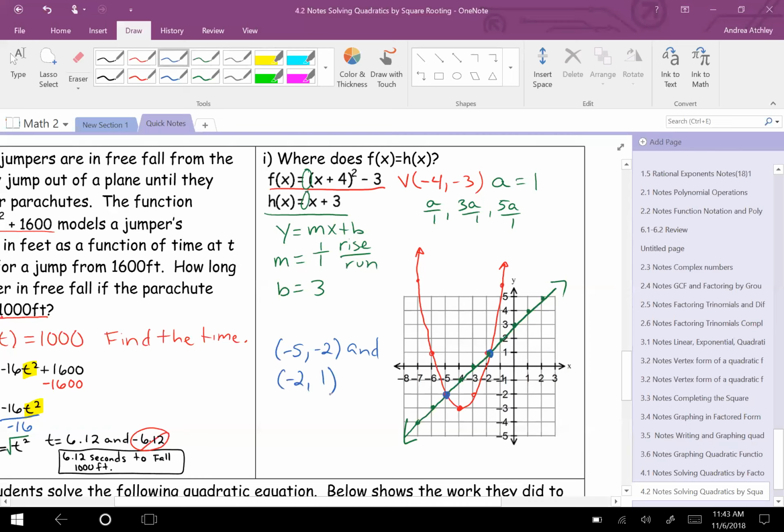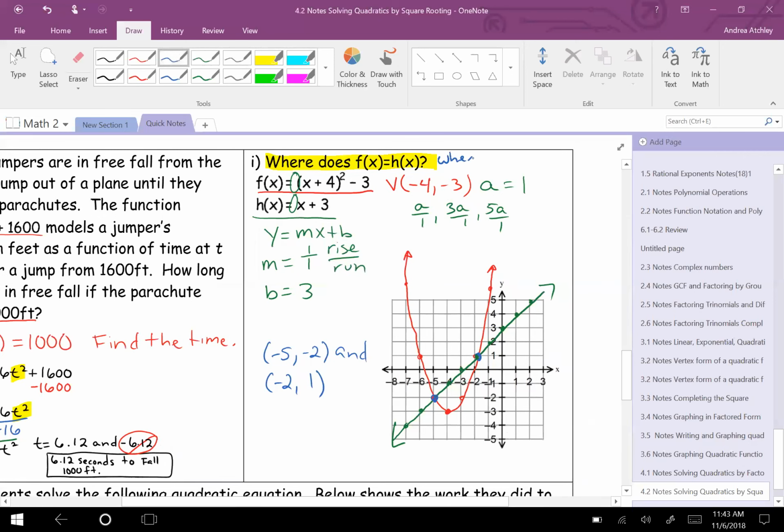So that is where f of x equals h of x, where the two graphs intersect. Let's review that. Where does f of x equal h of x? Just to review, where they intersect. Any questions?